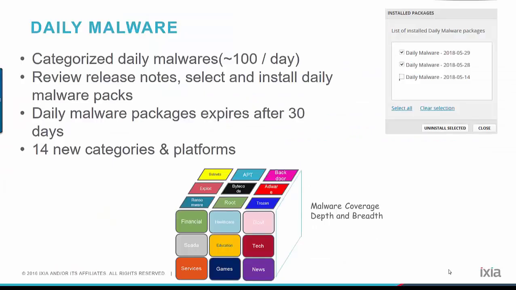Now, most of this I have already covered about malware. A few things to note again is that we publish 100 malwares per day, which is almost as many as our competitor publishes in a month. So you can think of the scale of attacks that we are publishing every day and how this would make the testing very relevant, very timely, and very much to the point, where people are actually testing something that came out fresh in the internet environment.